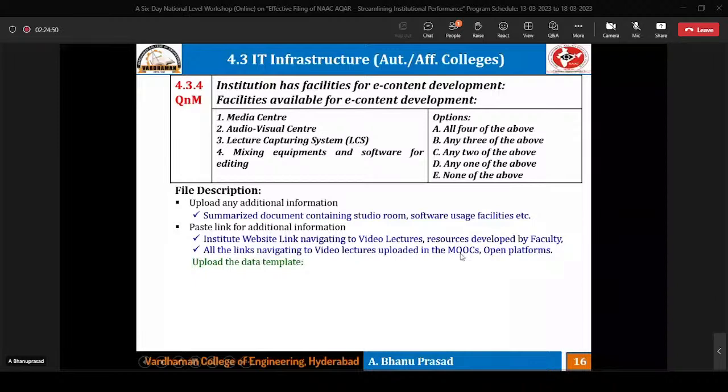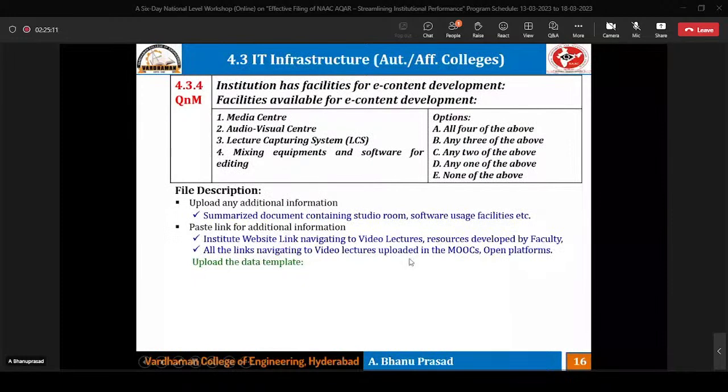Of course, nowadays, AICTE has given flexibility not only to IITs, it has given to most reputed colleges and universities to upload and to be part of NPTEL or MOOCs or in open platforms.